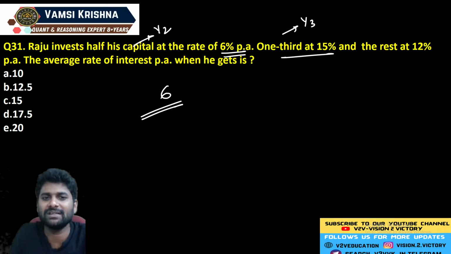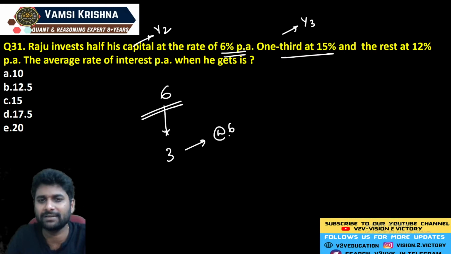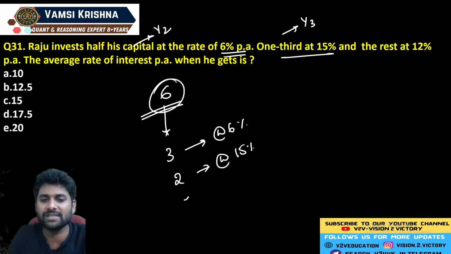Let us assume that I have 6 units of investment. So 3 units of investment are at 6% per annum. One third means 2 units, at 15% per annum. Guys, you already know the remaining, there is 1 unit remaining, at 12% per annum.